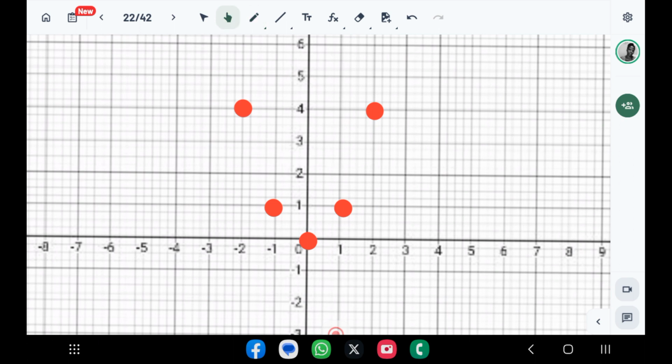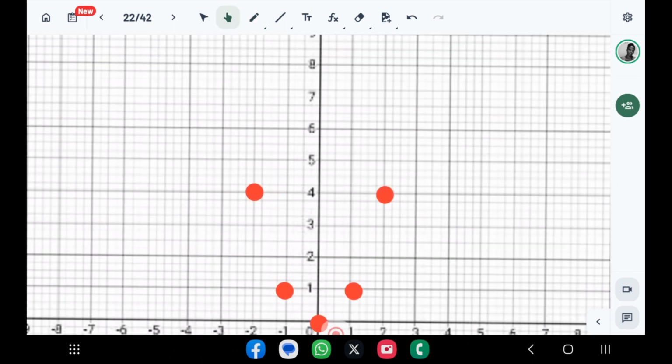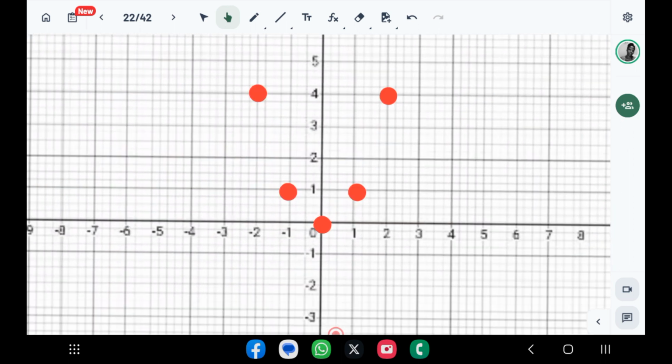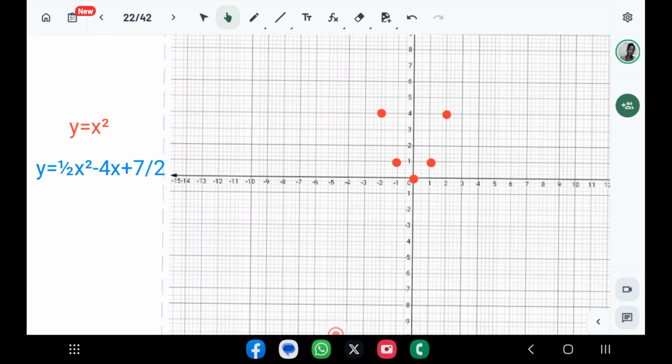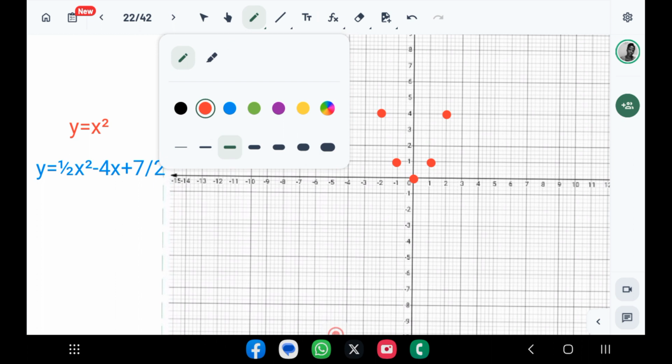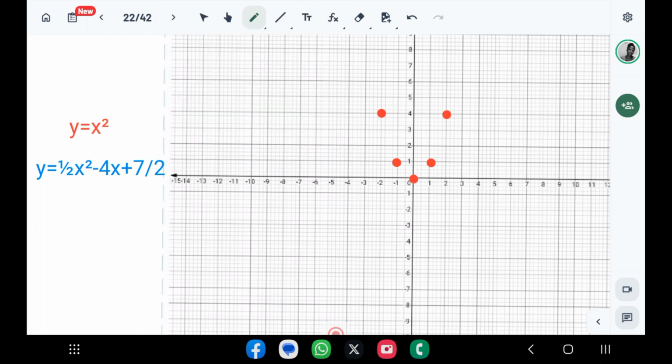And then the other one is negative 3, 9 and 3, 9. And it's all up there. Now let's join the points together. And that's how we join the points.